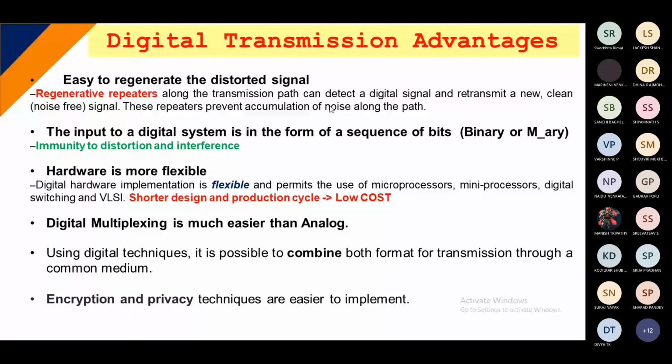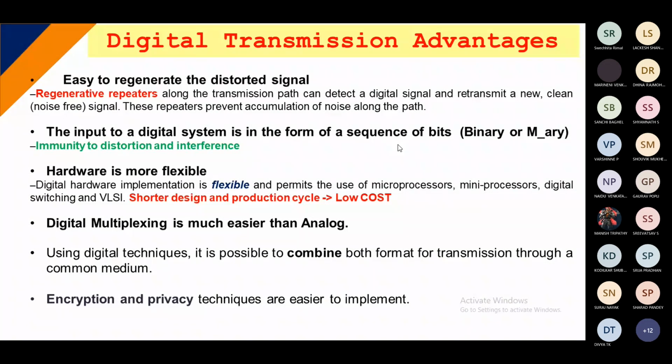The second is that the input to a digital system is in the form of a sequence of bits. So it's not a continuous sequence, it's a discrete sequence. Suppose it's a binary signal. Binary means 1 or 0. So basically we say that 1 bit at a time is the transmission rate. Simple as that.